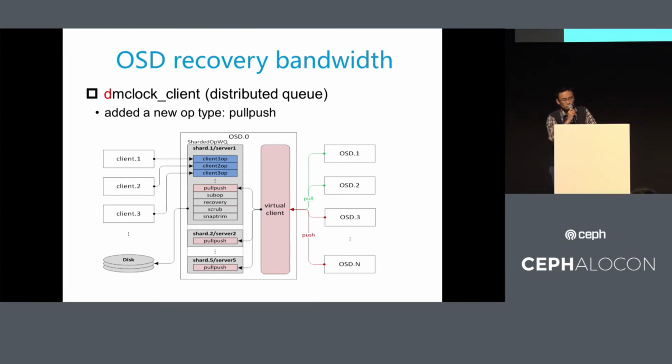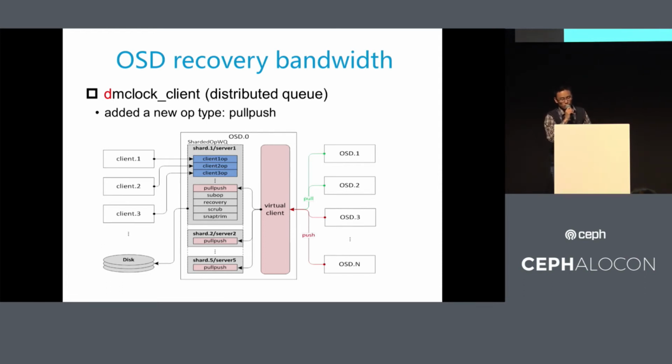Then, based on the 2 queues mentioned above, we introduce a new dmClock queue here, which is also a sharded OP work queue type. For the OSD that receives recovery data from others, we added a new pull push OP type and a virtual class for them.